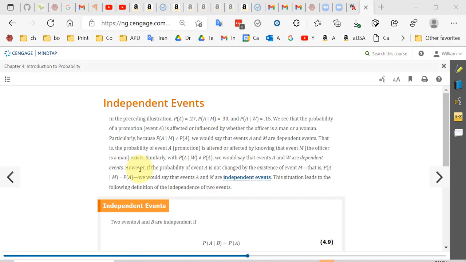However, if the probability of A is not changed by the existence of event M, that is, the probability of A given M equals the probability of A, here, A given B equals the probability of A, we would say that A and M are independent. This situation leads to the following definition of independent events.